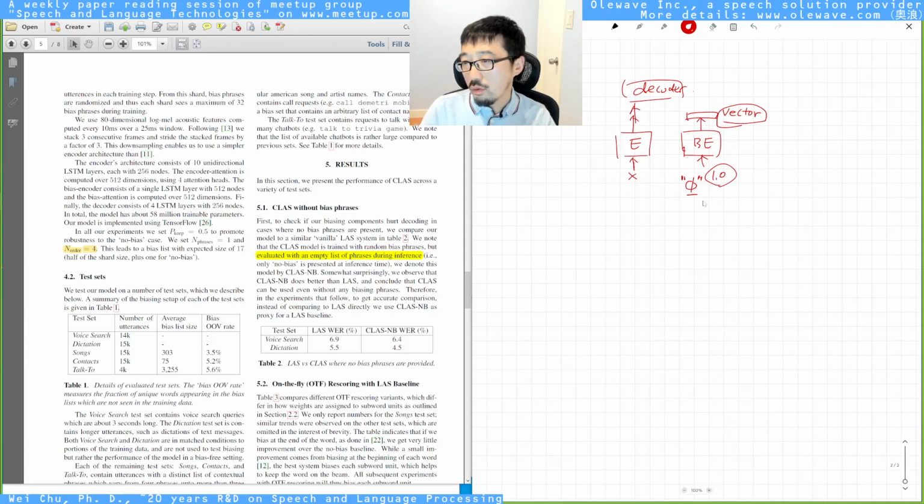But the only thing I don't understand is why, when this magic vector is combined with the encoder's output, this part is exactly the same as the original encoder's output, but adding this extra magic vector, the quality of the decoder output can be significantly improved in terms of WER.